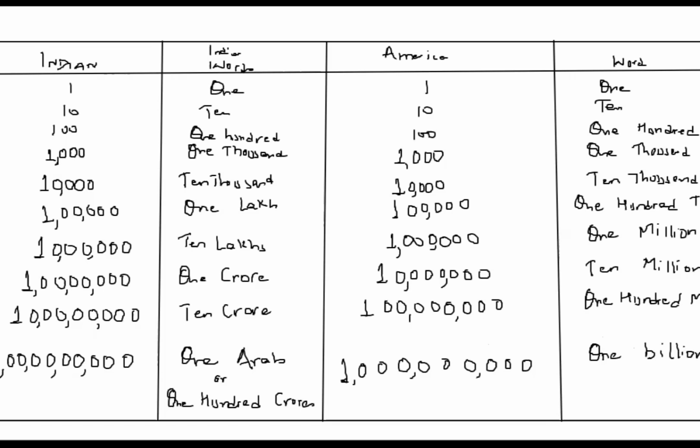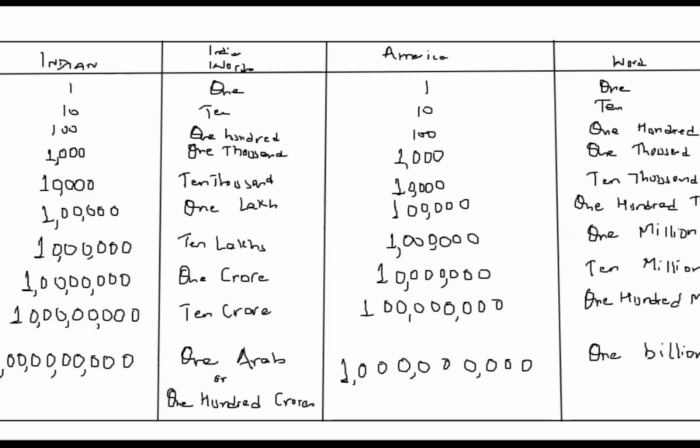So that's how the difference comes in writing it in American form and Indian form, right? So the summary of this is that in India, going from right towards the left, the first period we put after the third digit, that is after the hundreds place, and then after every second digit, right? Whereas in the US or the American system, we put the period after every third digit.